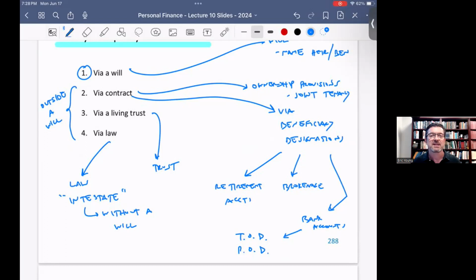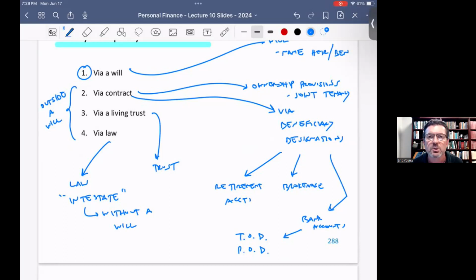Instead, if you die intestate, the order is, I believe, the property goes first to a spouse. If you don't have a spouse, then it's kids. If you don't have kids, I think it's to a parent. So there's a whole succession of people who are entitled to your assets if you die intestate.